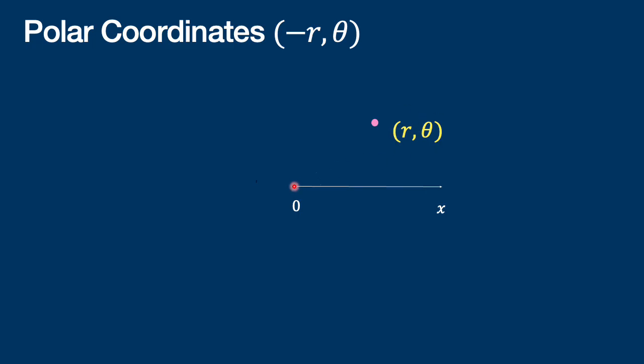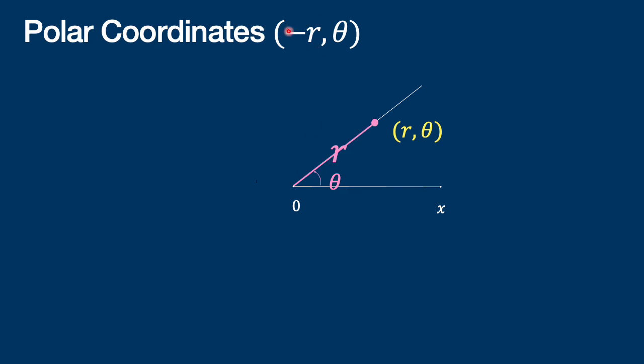First, draw the line segment right here. Then we say this is angle theta. Then the distance from O to this point, that's gonna be r. That's how to define r and theta. So here r is positive, and theta is a positive angle.